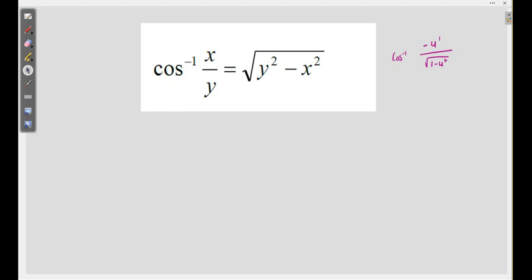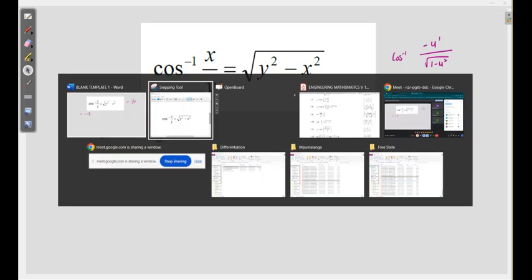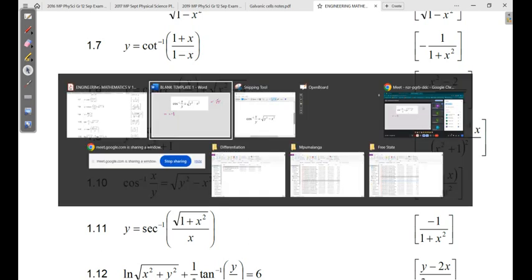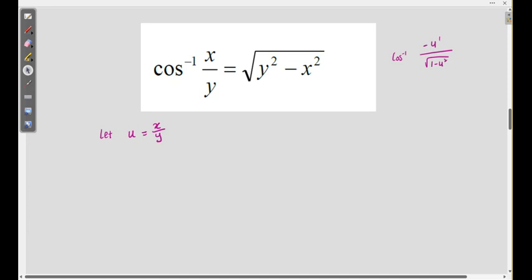Then let's get the derivative of u first. Now we shall say let u be x over y. Wait a minute, what's going on? I forgot what it's called, but that one where when you differentiate y, it becomes dy/dx.